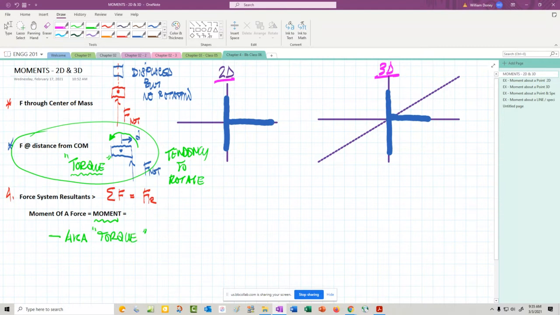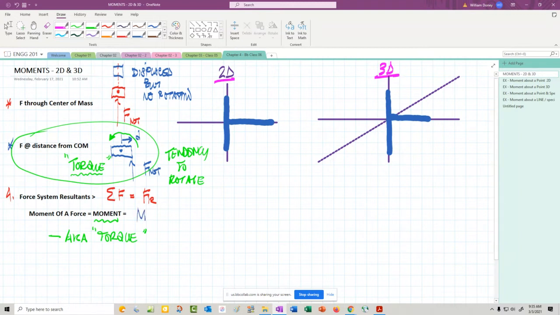So it could be known as torque, but we refer to it as moment.